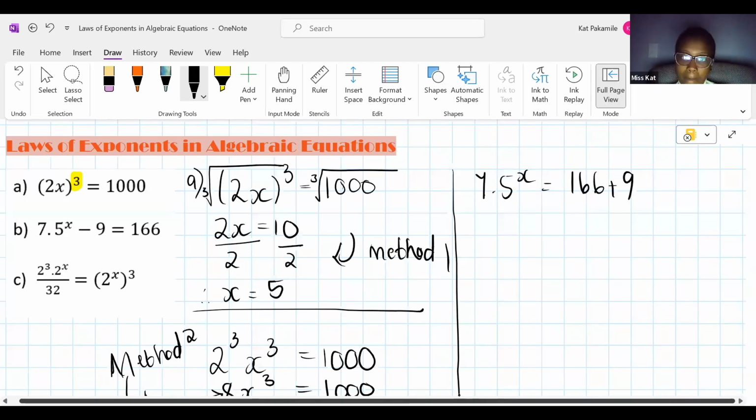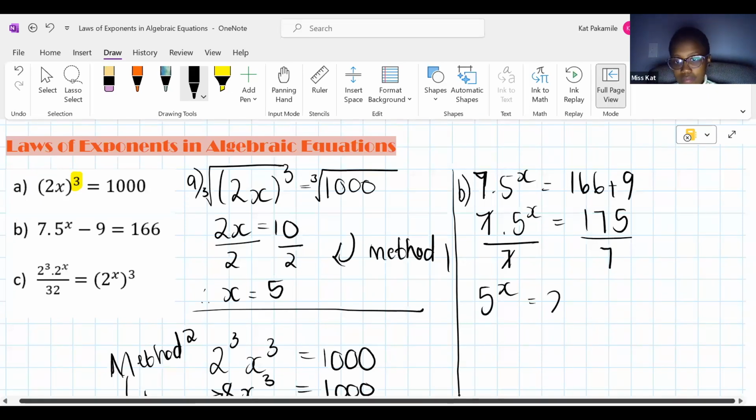And then it's going to be 7.5x equals 175. Then you divide by 7 on both sides, and then it's going to be 5x equals 25. Then x equals 5.